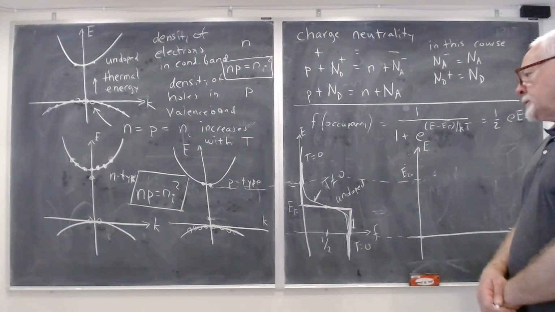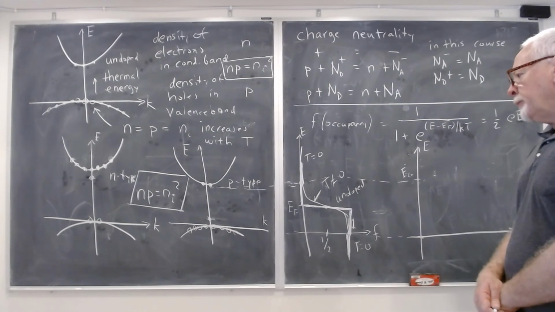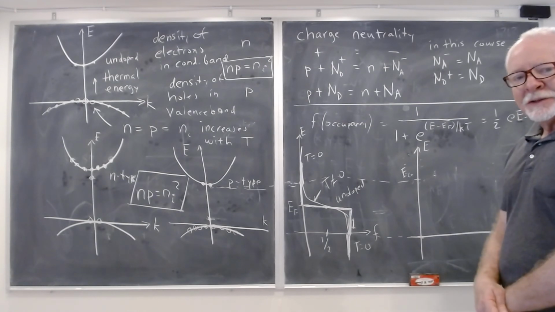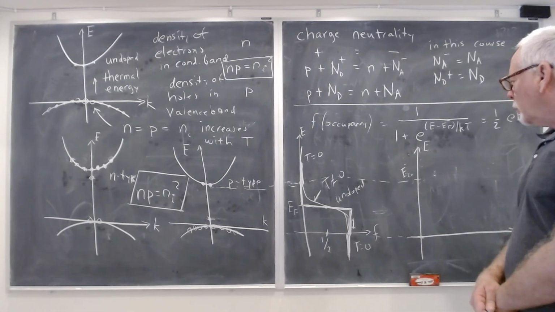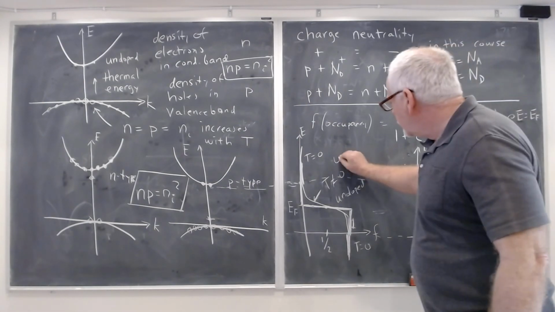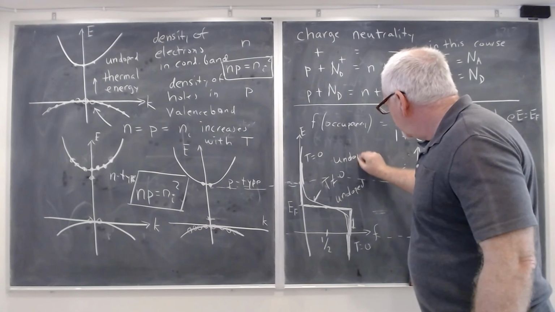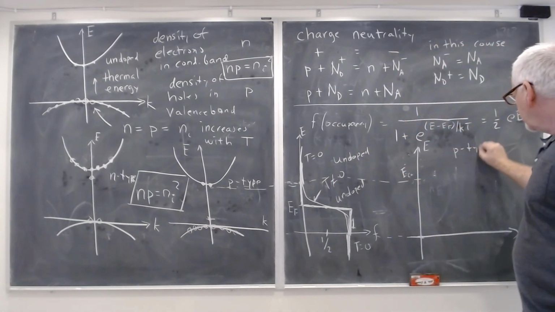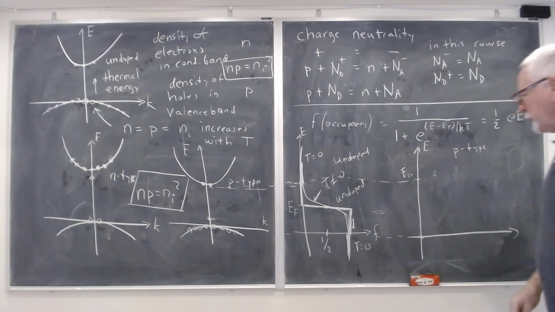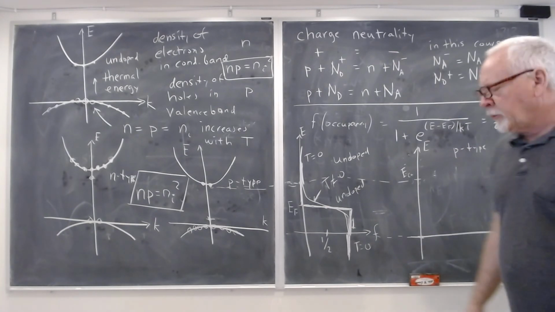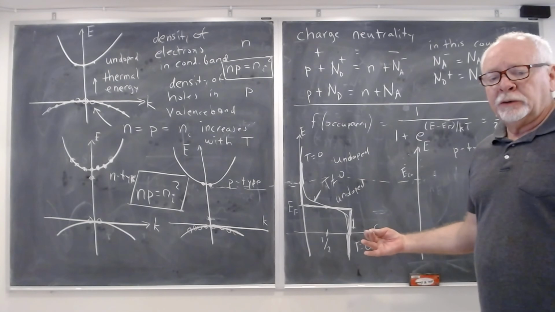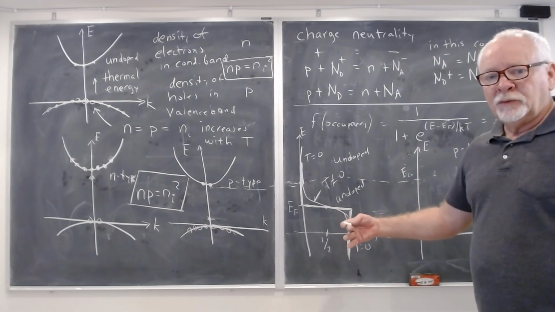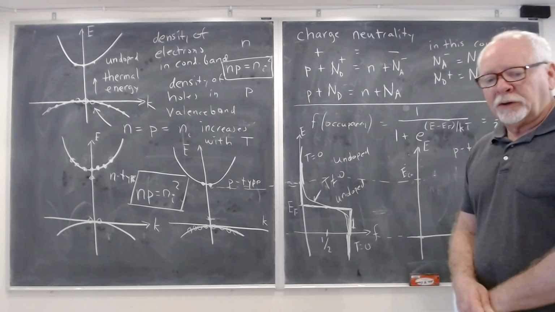And now here is where, in class, I would ask someone to tell me, okay, this is undoped, and this is now p-type. And I would ask someone to tell me, okay, for p-type, where would the Fermi energy now lie?